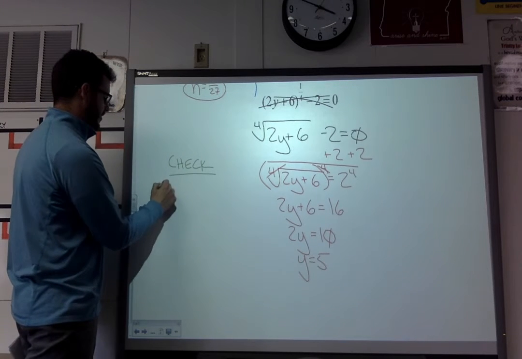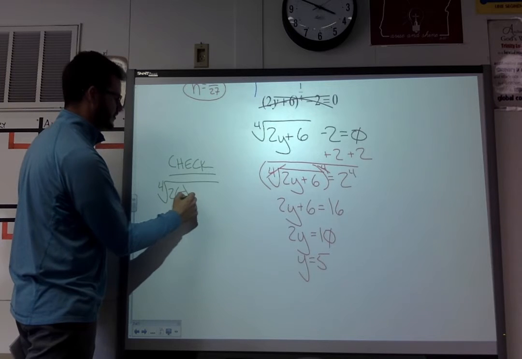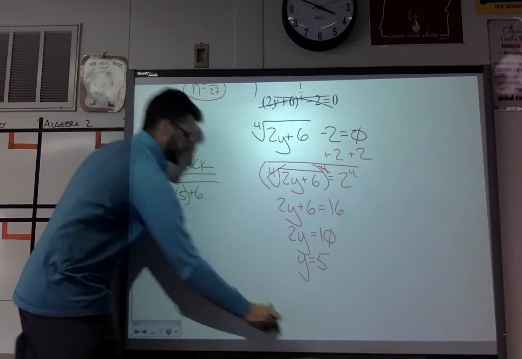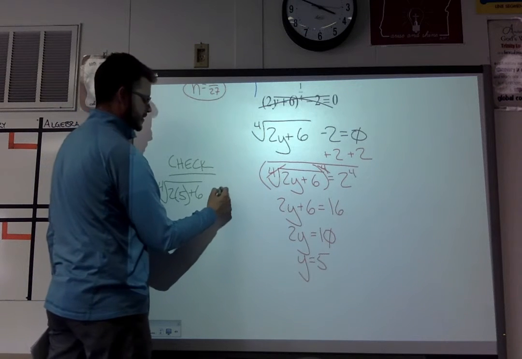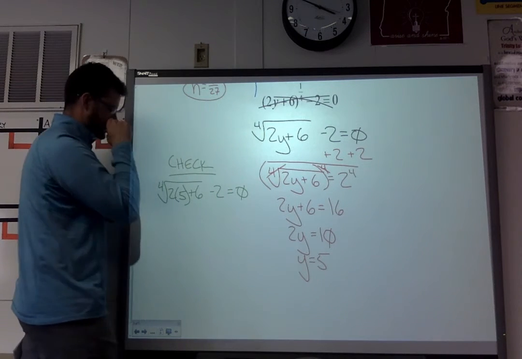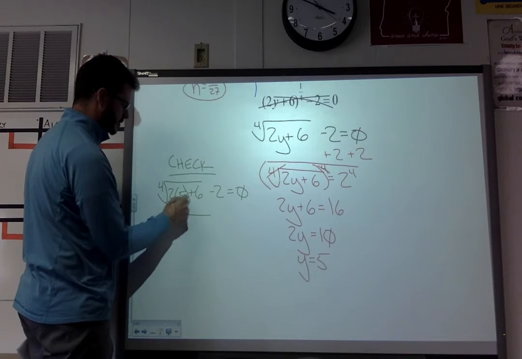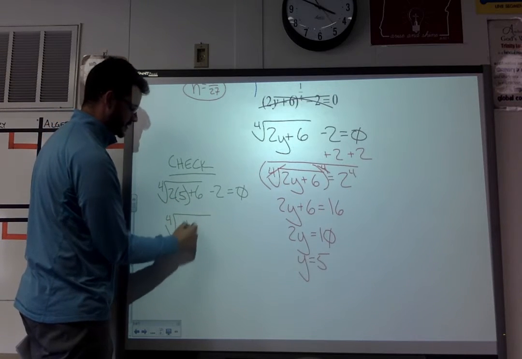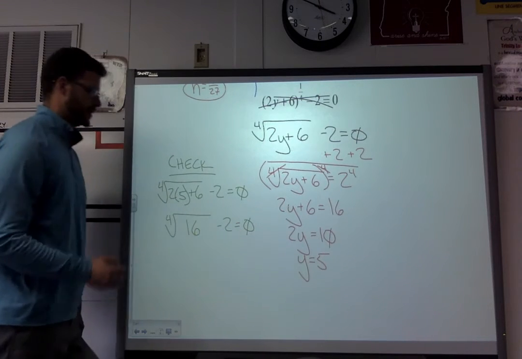So I'm going to have the fourth root of 2 times 5 plus 6 minus 2 is equal to 0. Or the fourth root of 2 times 5 is 10 plus 6 gives me 16 minus 2 equals 0.